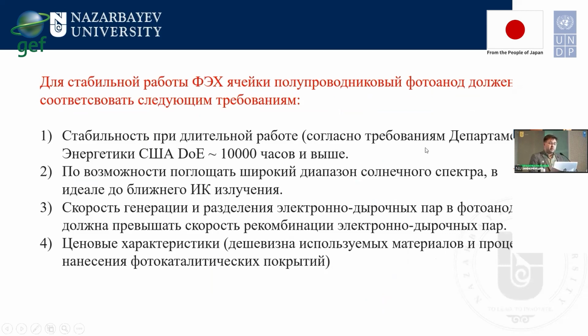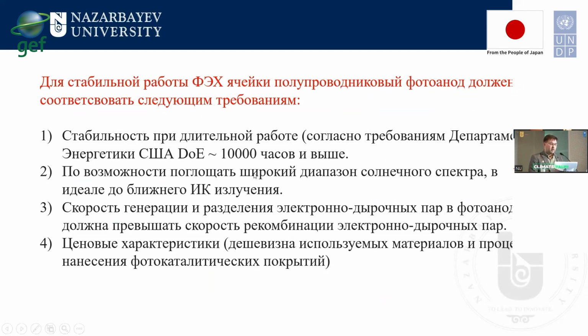For stable work of this cell, the semiconductor anode should meet the following requirements. It's clear that a photoanode has many limitations. Your photoanode should be quite stable. According to the Energy Department requirements, it should work at least 10,000 hours without degradation.